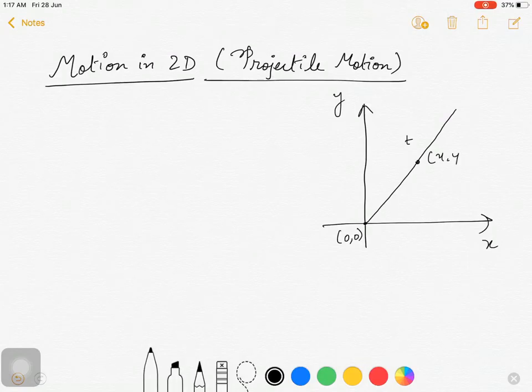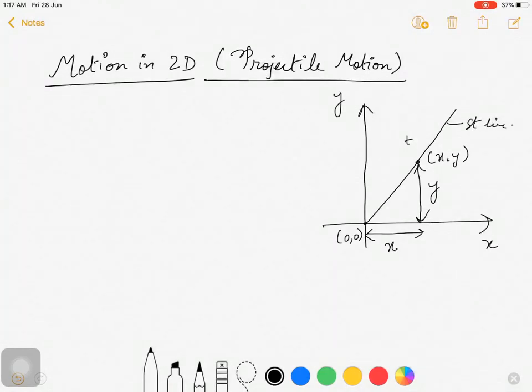Let it be x, y. So let us see the particle has covered some displacement in y direction, this is y, and also simultaneously in x direction, this is x. So this is motion in two dimension, and this motion is in a straight line.